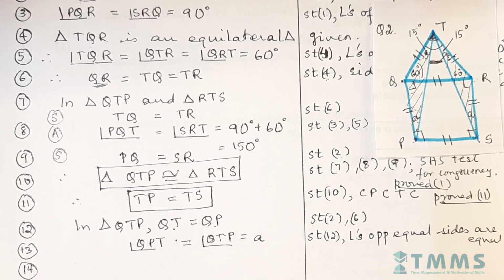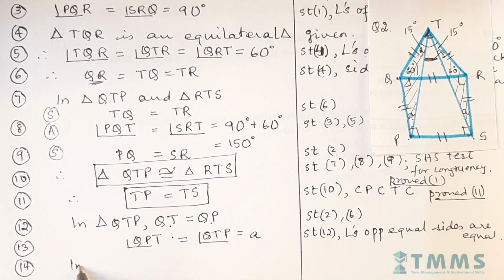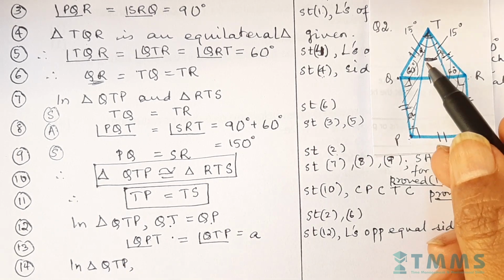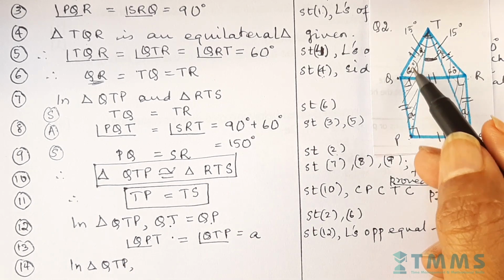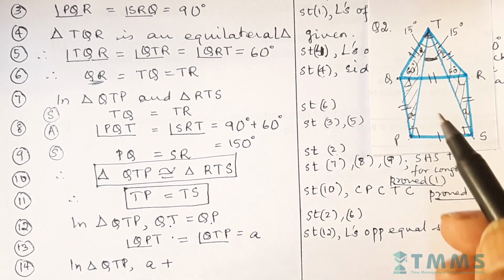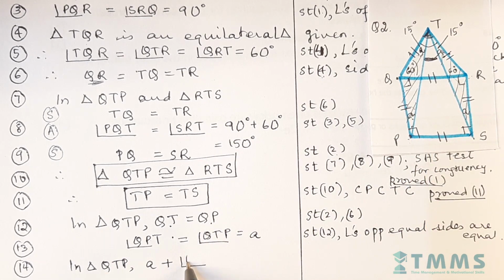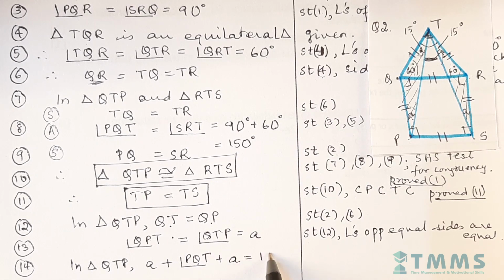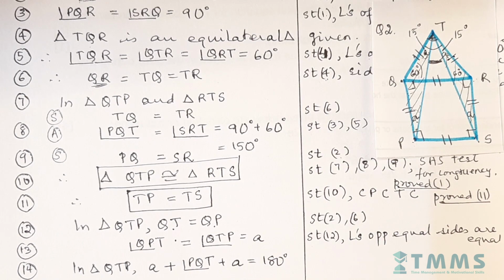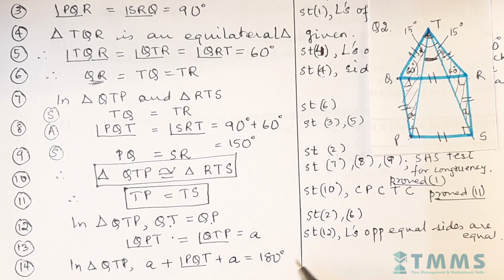Now, statement number 14. In triangle QTP, doesn't it mean A and this angle are going to be supplementary? So A plus this angle, that is angle PQT plus small a equal to 180 degrees. This A plus this angle plus this, they add up to 180 degrees.